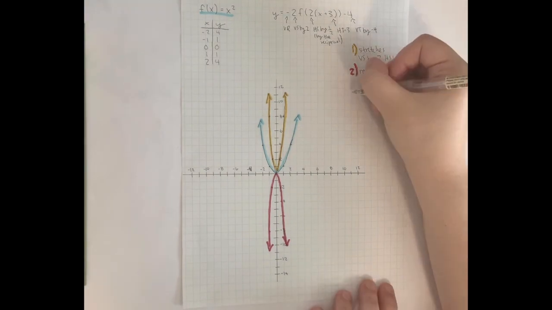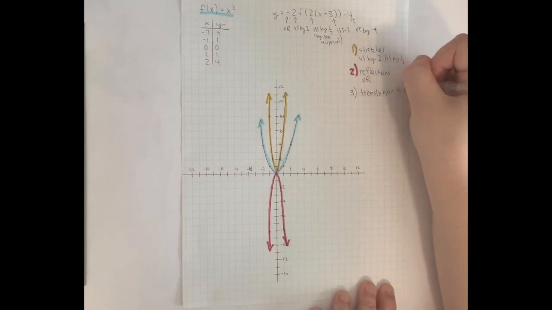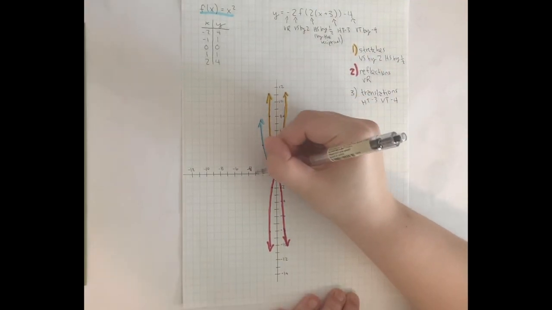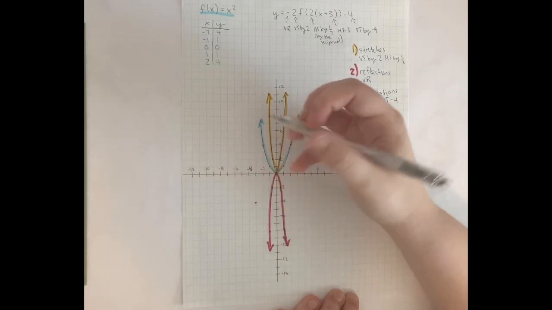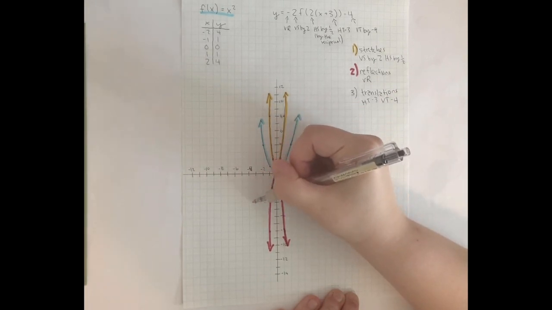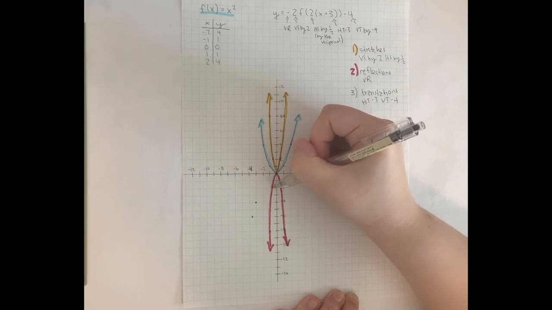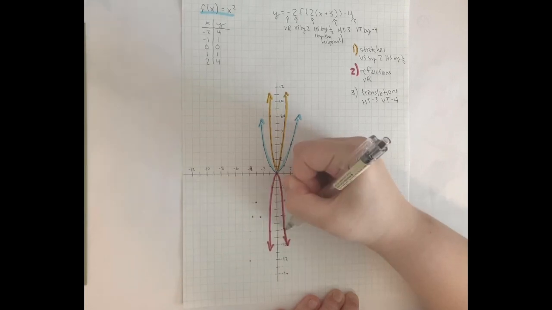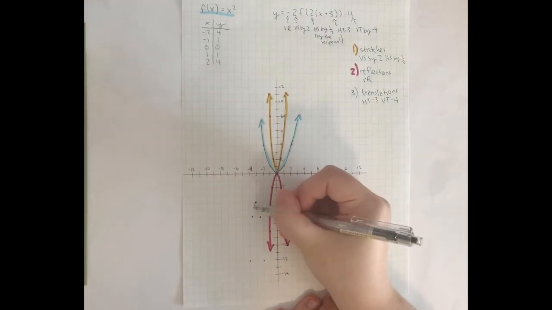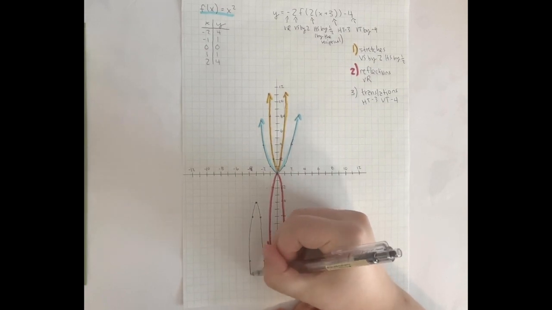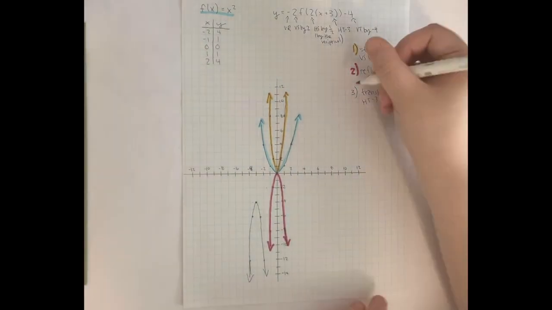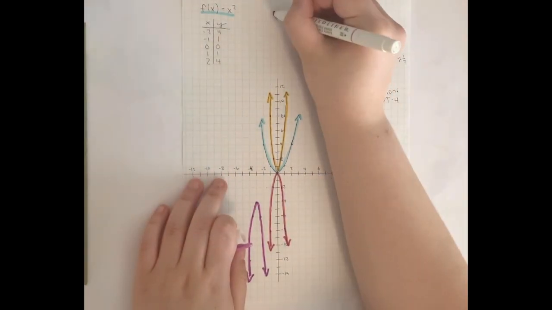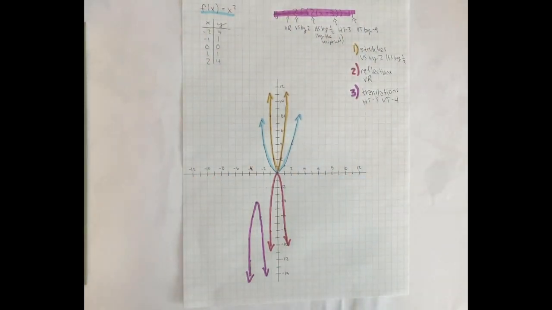And the last step is the translations, and there is a vertical translation by -4 and a horizontal translation by -3, and I'm just graphing that to show you there. And now I'm highlighting it to show that is the final step, and that is the function graphed.